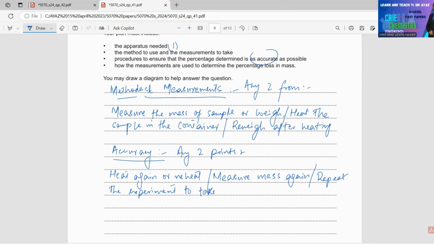Take the average. What else you can write beside taking average? We are testing the reliability of this experiment, testing whether it's reliable or not.